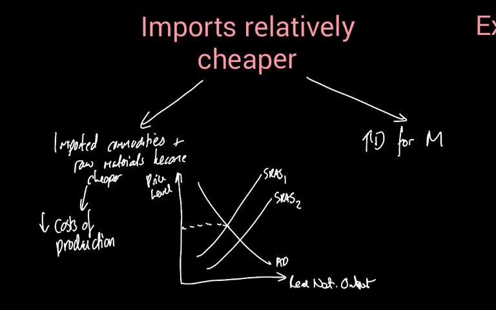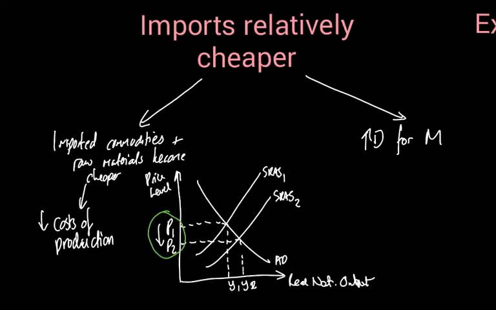And what we can see here from drawing these lines on is that we get our increase in GDP, increase in real national output, and we also see a reduction in our price level over here, and this is reduced cost push inflation.